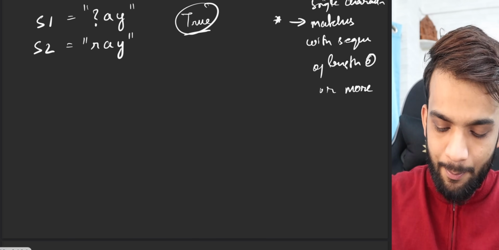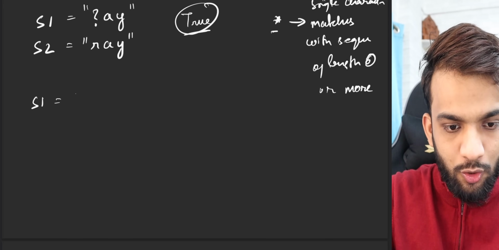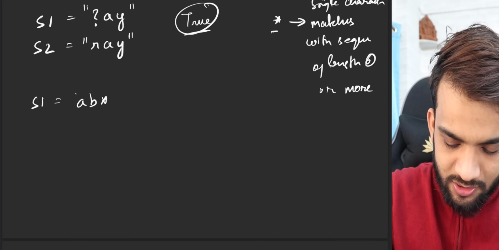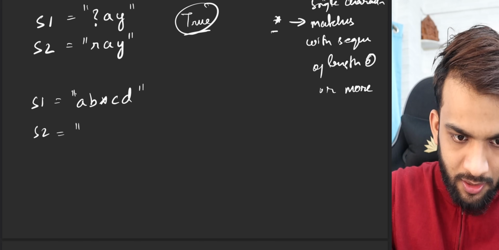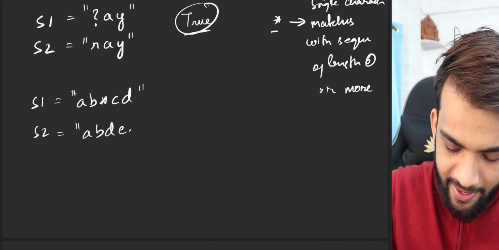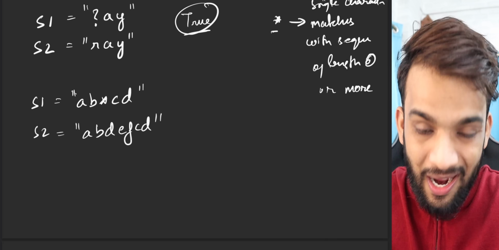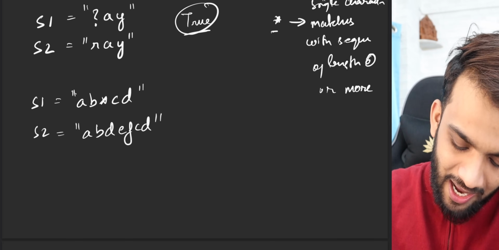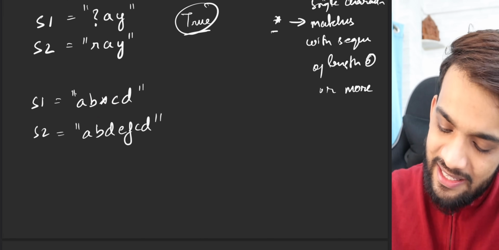Let me take one more example in order to explain the star portion. So assume the string s1 to be AB star CD, and assume s2 to be ABDEFCD. Now I need to figure out, are they matching? Star means it can match any sequence.